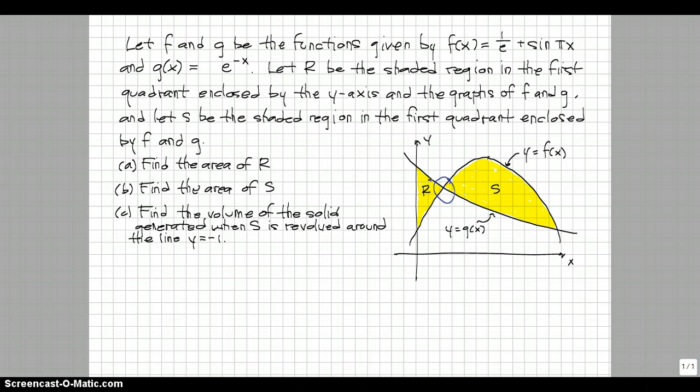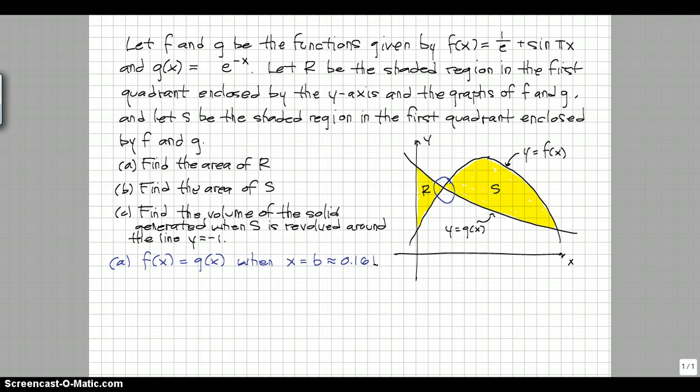And what we find out is that f of x equals g of x when x is equal to b, which is approximately 0.161.